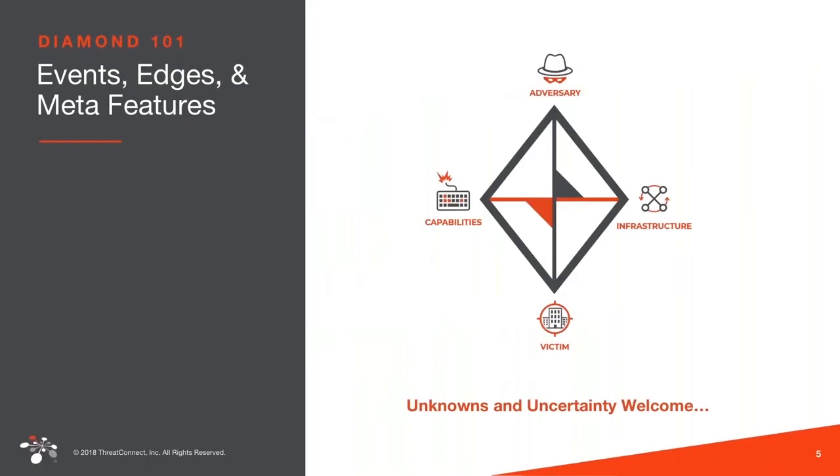Okay, so let's take a walk through the diamond itself. Starting at the top here with the adversary, hopefully as we go through these, they will be somewhat common sense or easy to understand. Adversaries are typically a bad guy persona, or maybe a group of bad guys, that seek to do harm or otherwise intrude on victim networks.